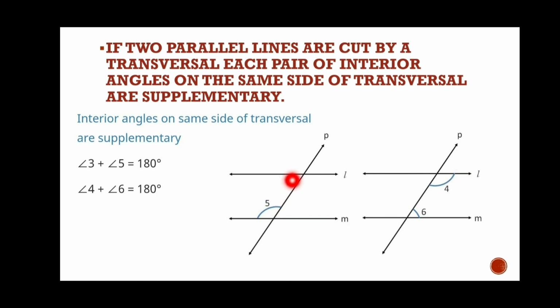So when we add angle 3 and angle 5, their sum will come to 180 degrees. Then also angle 4 and angle 6 are on the same side of the transversal, so their sum will also be 180 degrees. So these are the 4 properties of a transversal line when it cuts two parallel lines.